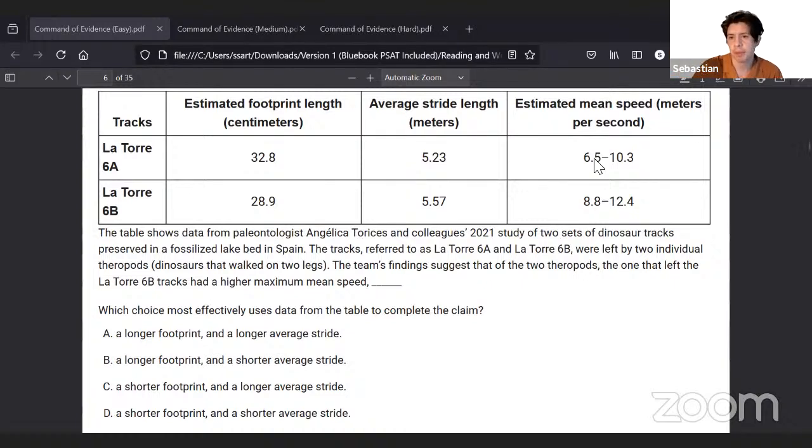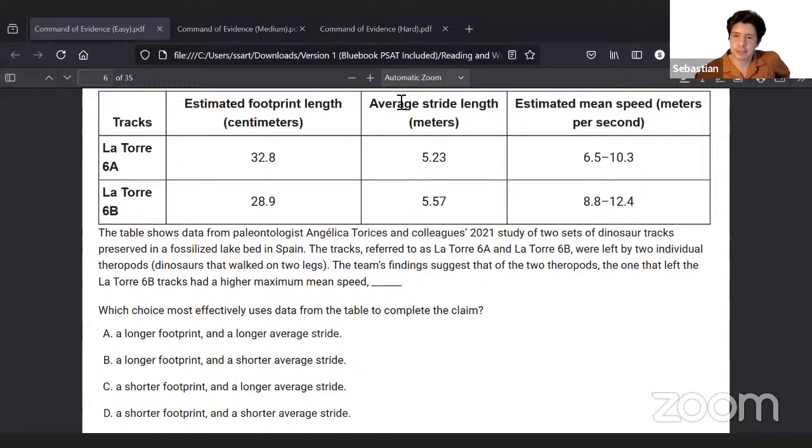So the table shows data from paleontologist Angelica Torres's and colleagues' 2021 study of two sets of dinosaur tracks preserved in a fossilized lakebed in Spain. The tracks, referred to as Littoral 6A and Littoral 6B, were left by two individual theropods, dinosaurs that walked on two legs.